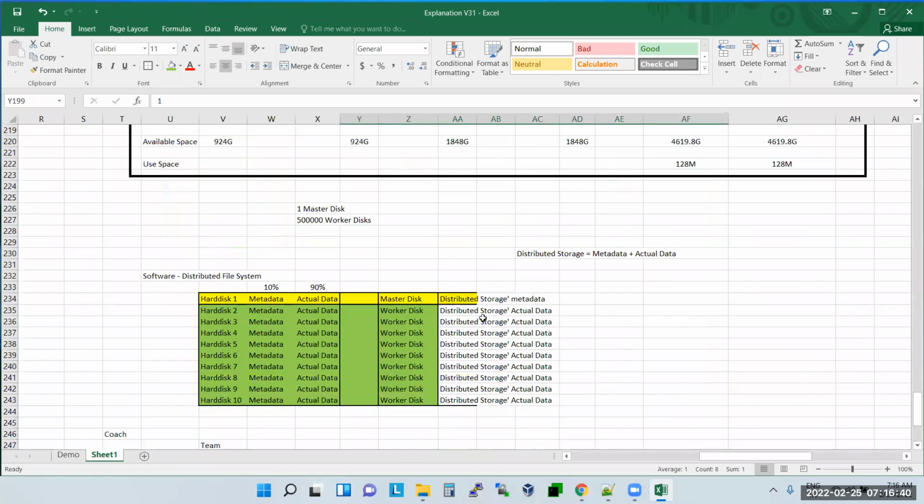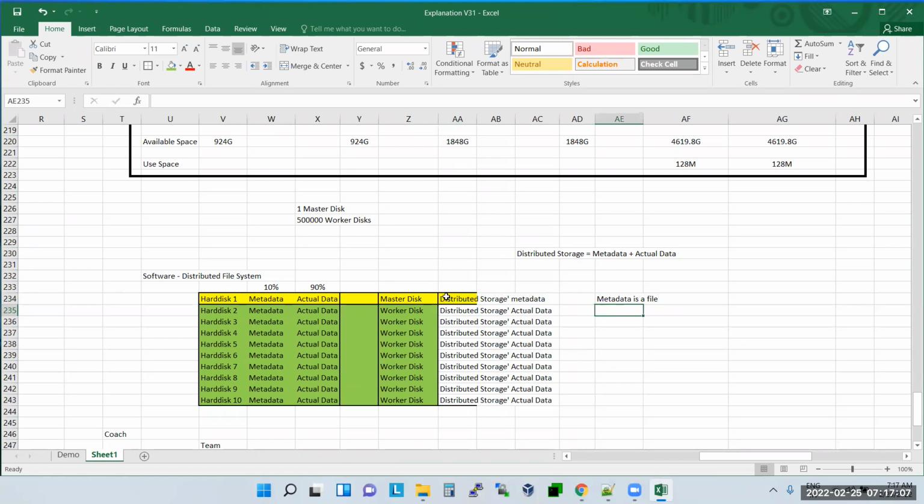Now, as per each hard disk, this metadata is a file. Yes or no? The hard disk doesn't know this is distributed storage metadata, and it doesn't know this is the distributed storage actual data.